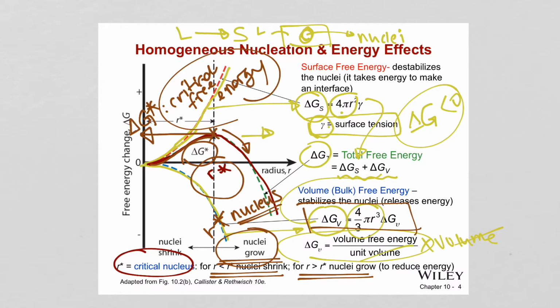The delta G star gives us the activation free energy, which is the free energy required for the formation of a stable nucleus. You can also think about it as an energy barrier to the nucleation process.